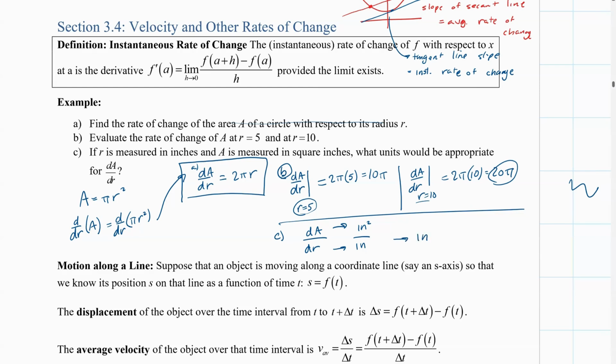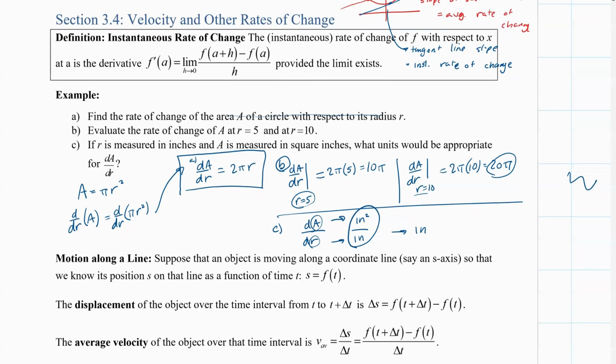You can. I mean, inches squared divided by inches is inches. But I think this gives a better explanation about the kind of thing that we're talking about: how much is this thing changing as the independent variable gets bigger by 1 unit. And that's one application of this thing called the derivative.